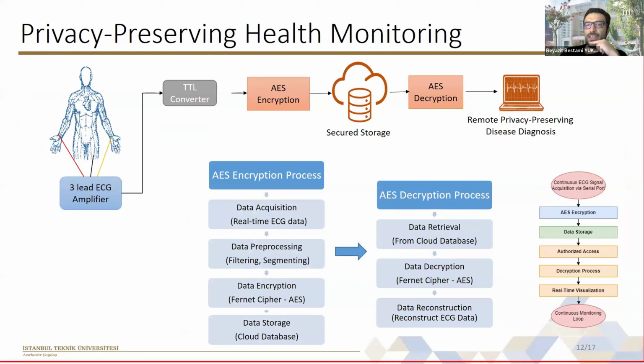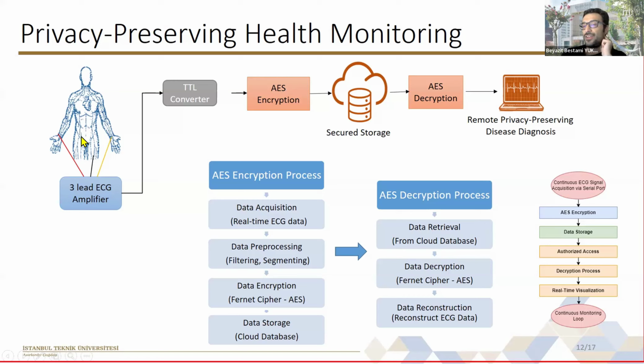In privacy-preserving health monitoring, our system integrates data security and accessibility. ECG data is encrypted using AES with a unique key generated for each session to enhance security. The encrypted data is stored in a cloud database alongside timestamps and identifiers, ensuring integrity and ease of access.